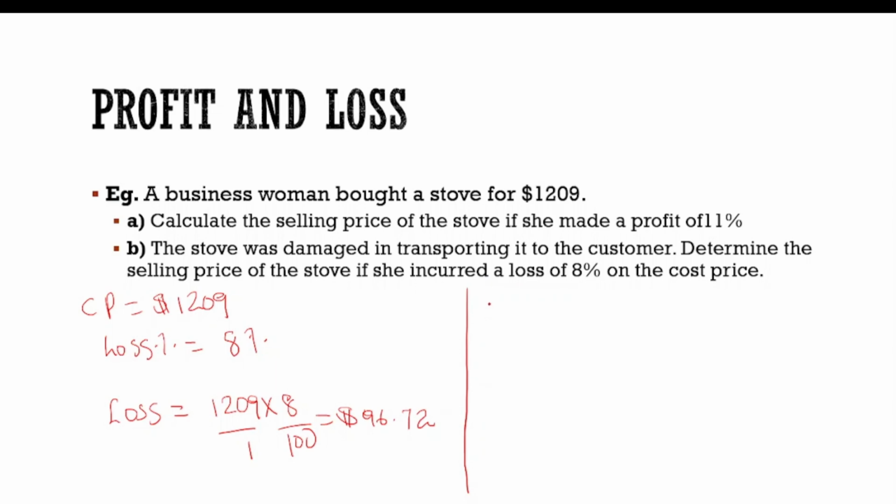So it therefore means the selling price to the customer is going to be equal to the cost price minus the loss. So this is equal to the cost price of 1,209 minus the loss of $96.72. And this is going to give us, from your calculator, $1,112.28.